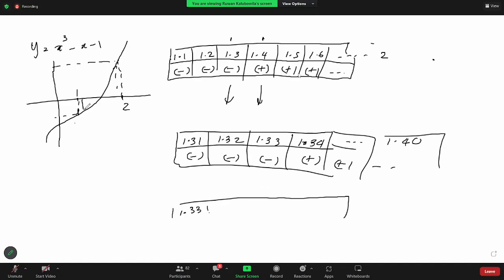Little by little, you approach the point by looking at the sign, and finally you have a very precise value for the root of the function. So numerically or computationally, you can write a program like this. Mathematically, you learn the same thing. That is why I explained it.